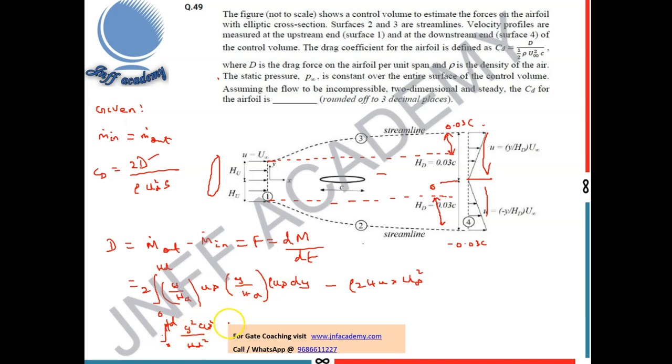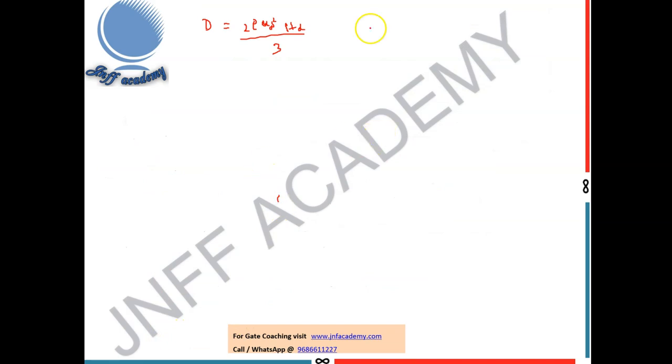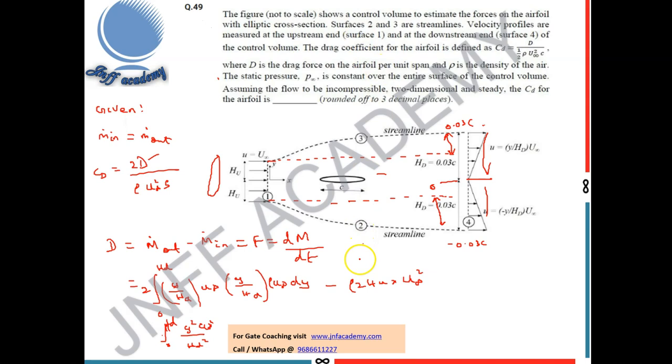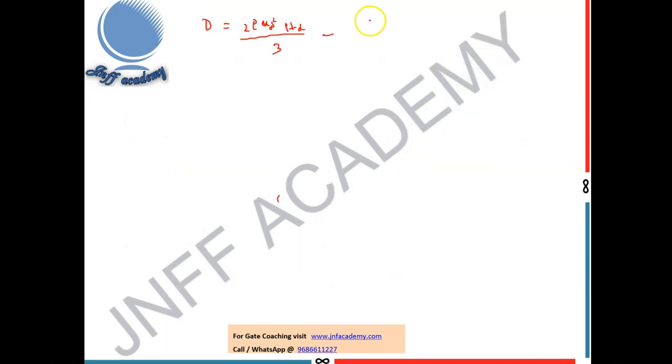And next, minus this; you don't need to integrate it, you can directly put 2 rho hu into u infinity square. So 2 rho hu into u infinity square.